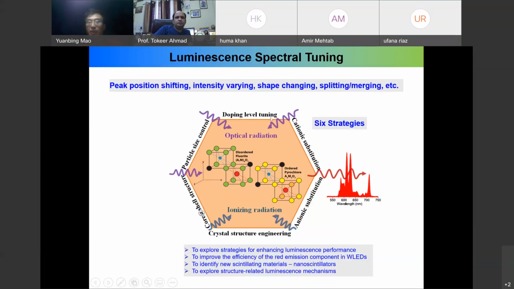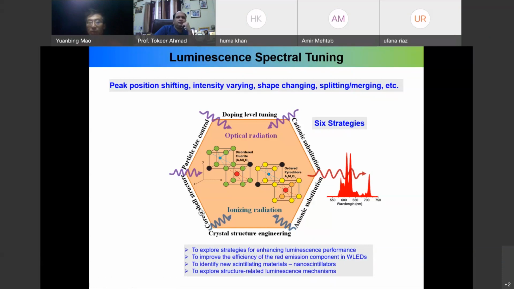Then doping level tuning, and then in terms of composition, we can change the cations and the anions, and there is a newer way as well, called co-substitution. We can substitute more than one cation or more than one anion, or combinations of cations and anions.